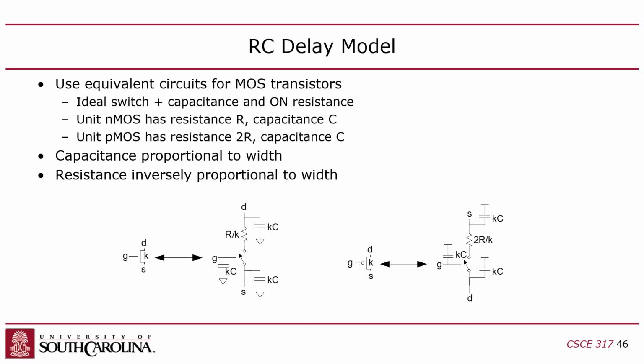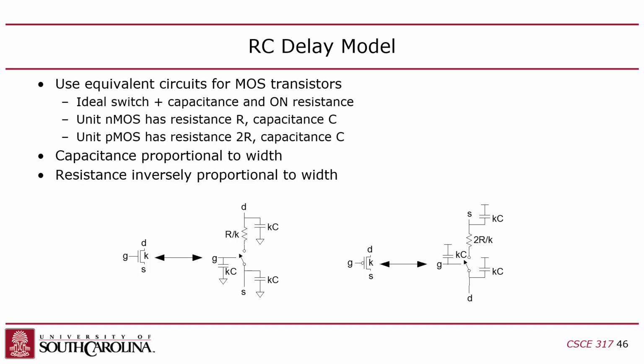Generally you have a minimal width, as I mentioned, it's going to be 5 times the minimal length. And then if you want to make a bigger one, you can make a double size, a triple size, a quadruple size. So K is just a multiple of the minimal width, and that's going to determine the drive strength of that transistor.